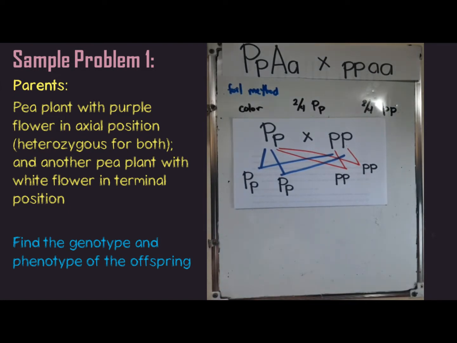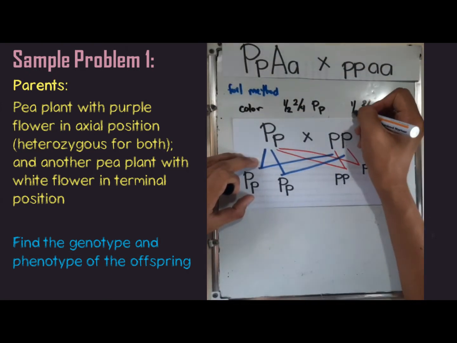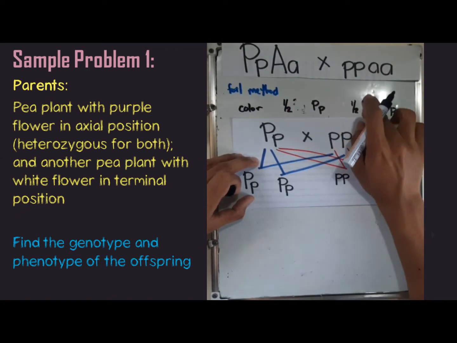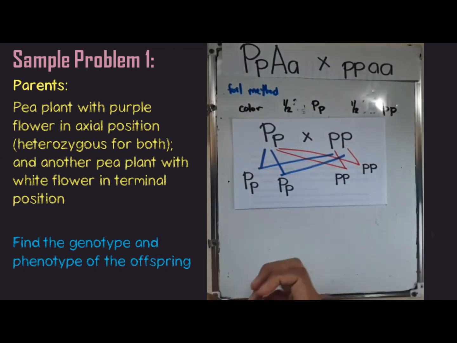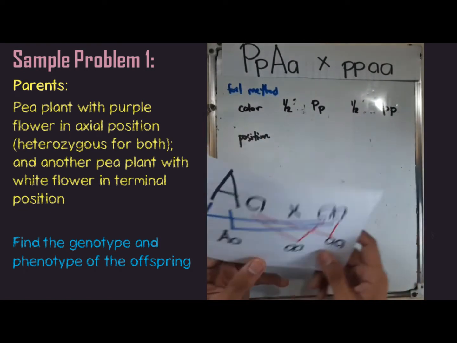We can round off the fraction to 1/2, since 2 out of 4 is also equivalent to 1/2.